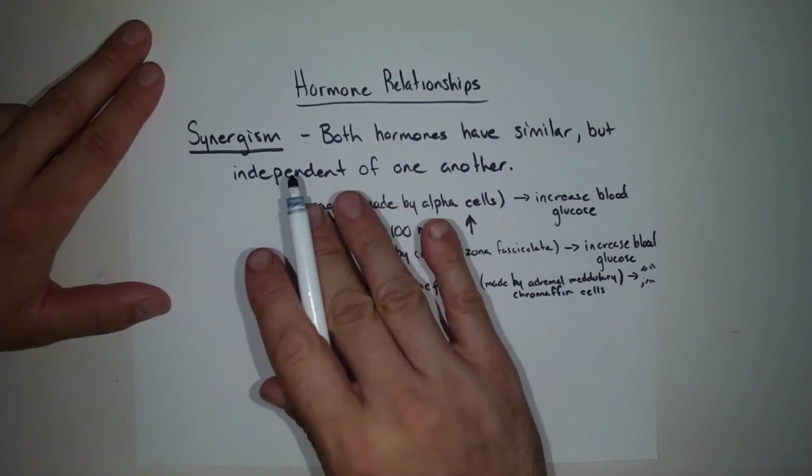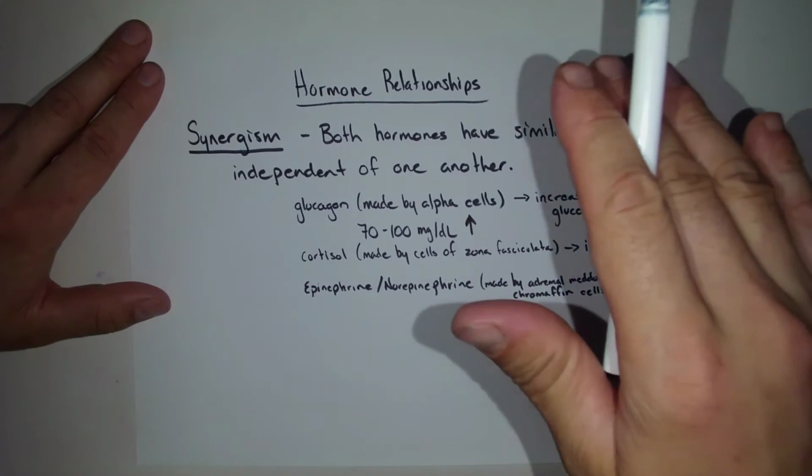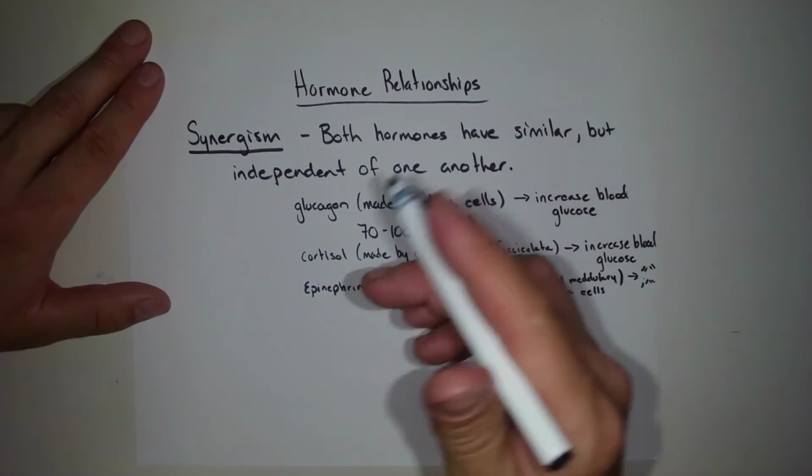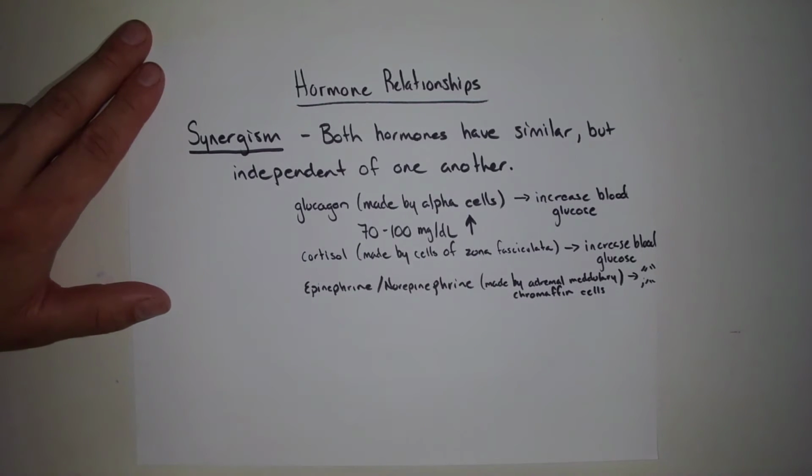Now, mind you, these additive effects have diminishing returns because as blood glucose levels get higher and higher, it also feeds back to inhibit these through a feedback loop.